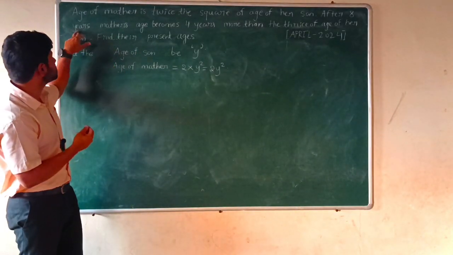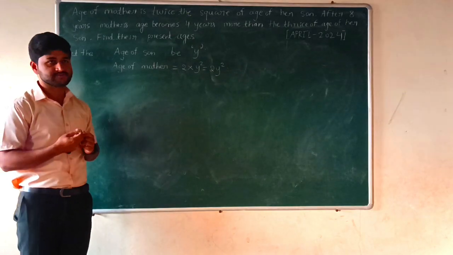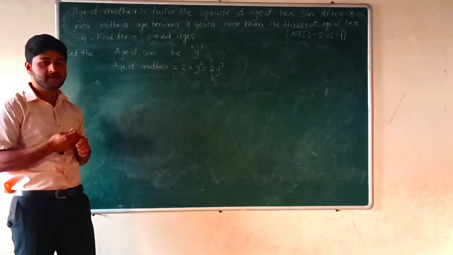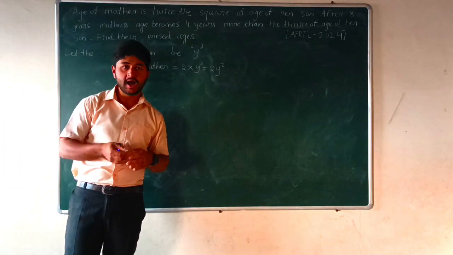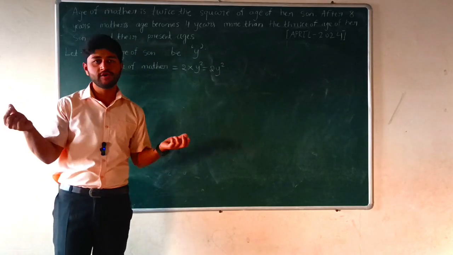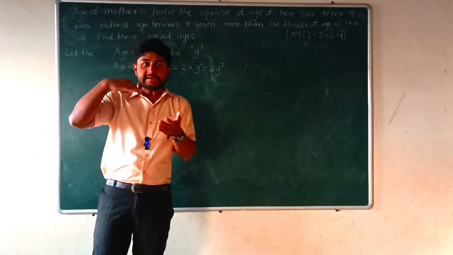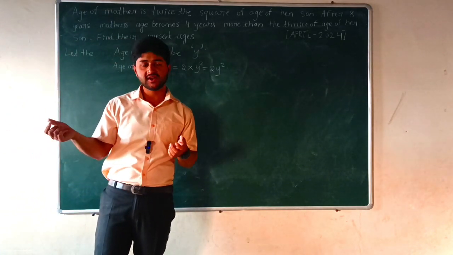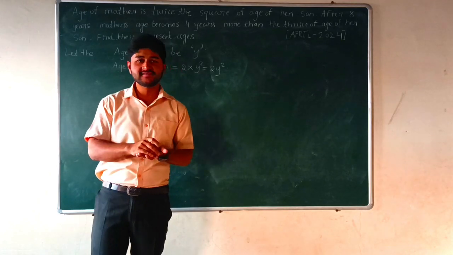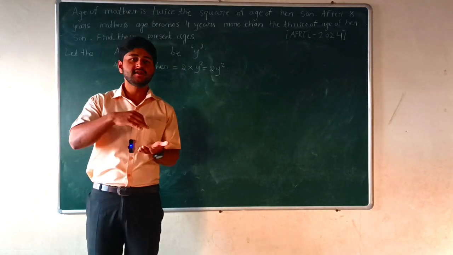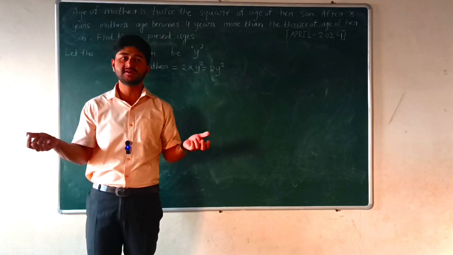After 8 years, the mother's age becomes, okay, here we have to find the age of the mother after 8 years, and also the age of the son after 8 years. For example, if your present age is 10 years, after 8 years your age will become 18 years.